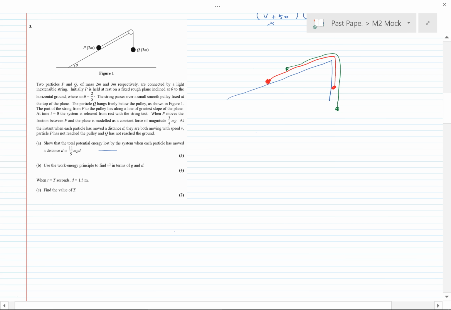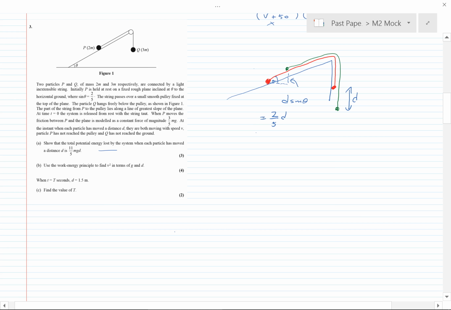Like that. Then what's happened is that this has moved down a distance d, but this one has moved upwards, and we're given an angle here, sine theta. This has moved upwards by a distance d sine theta, which is 2 over 5 d.